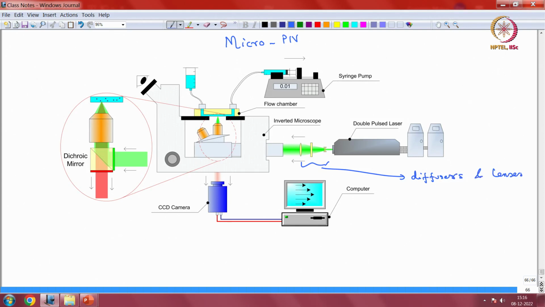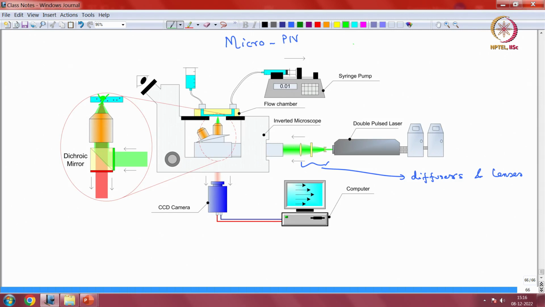I'll explain what they are for, and then they come in and go through your lens and illuminate your sample. Now this light, if I were to use the green light line here, this green is going to illuminate this entire volume over here, and there is no way for you to prevent the illumination of this entire volume.